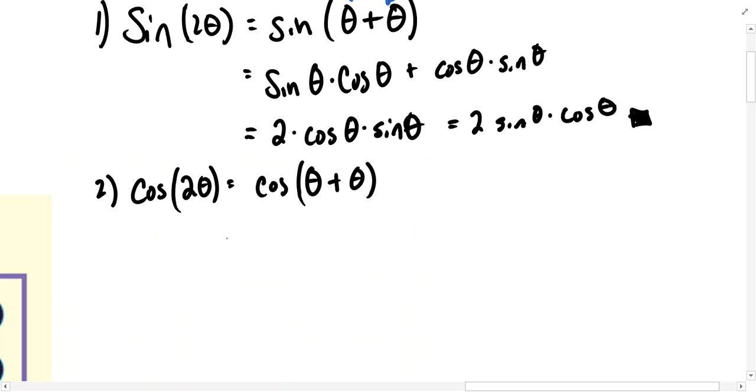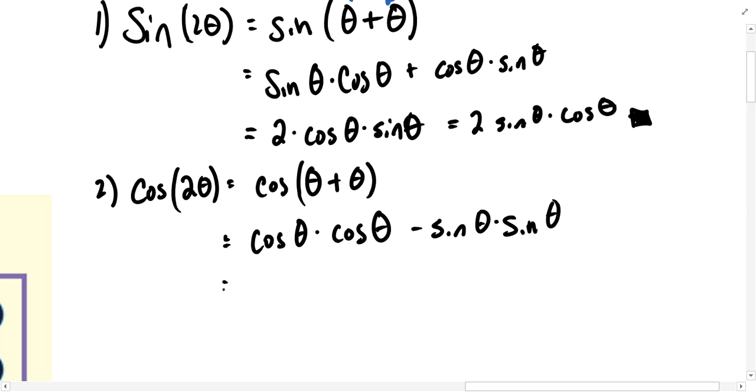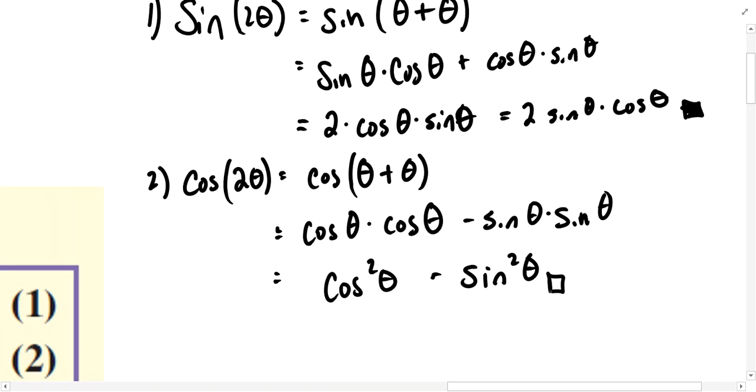Well, both of the angles are the same, so this looks to me like we have cosine of theta times cosine of theta minus sine theta times sine theta.